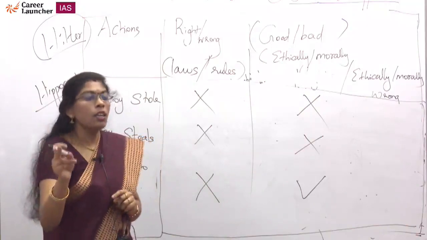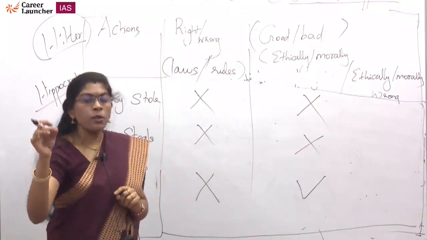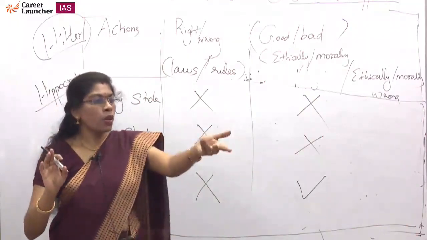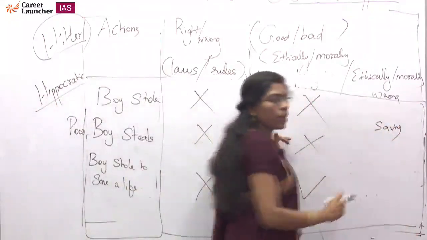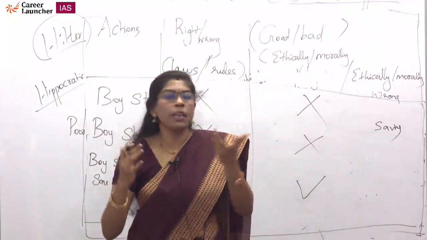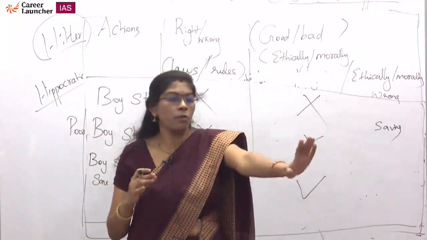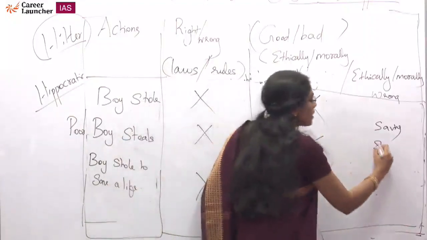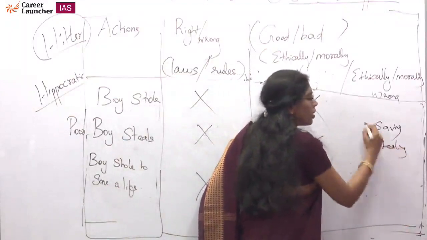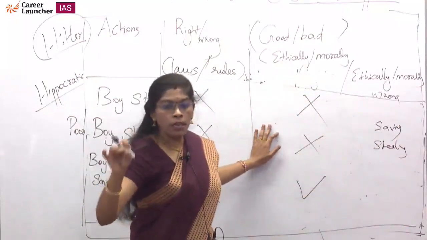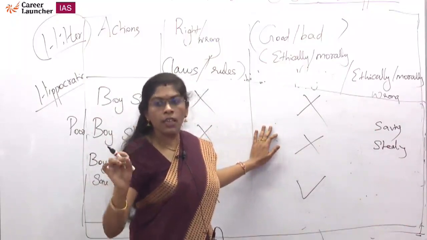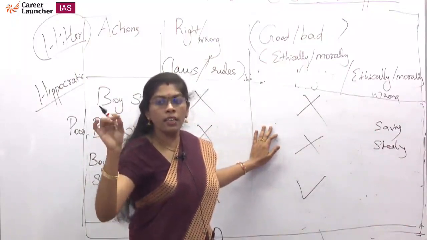For another, no, I don't steal. So if you want to save a life, the priority for you may be saving life, so you say, okay, I am ready to steal; even though I steal, I am going to save a life, because for me life is important and stealing is second priority. For her, saving is first, stealing is second. For you, no: even though I want to save a life, my mother has told me I should not steal in any situation.